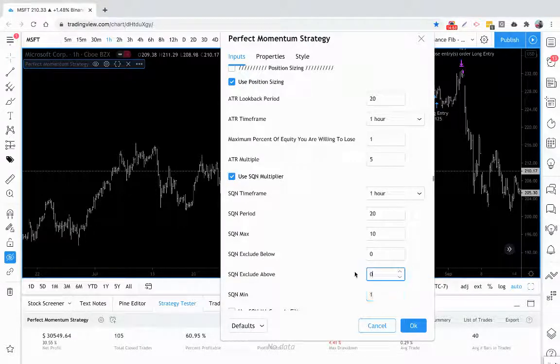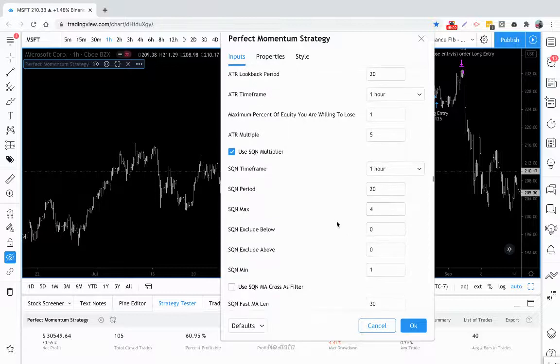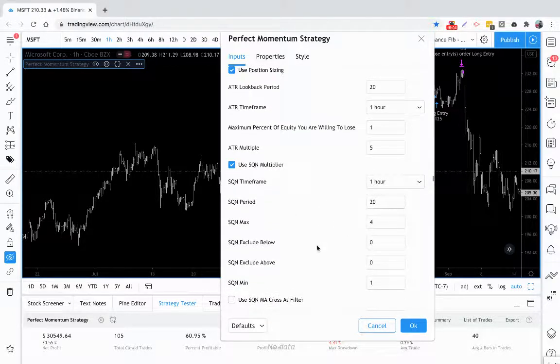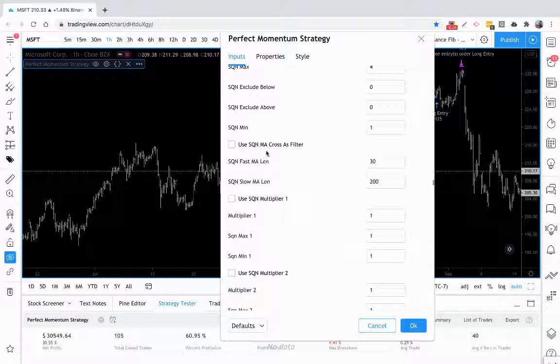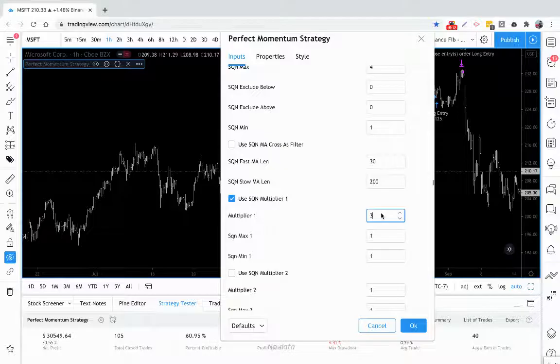Here's a bullish environment. Okay, so now we have that turned on. And I'm going to just use 3 times the amount that we normally use during that period.